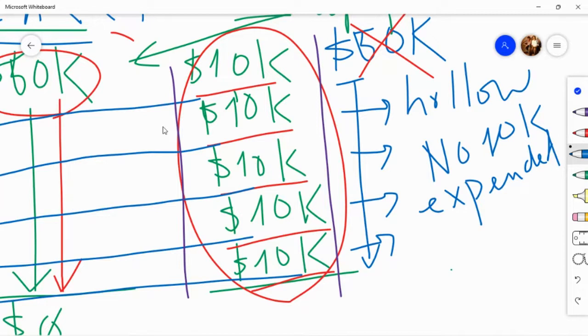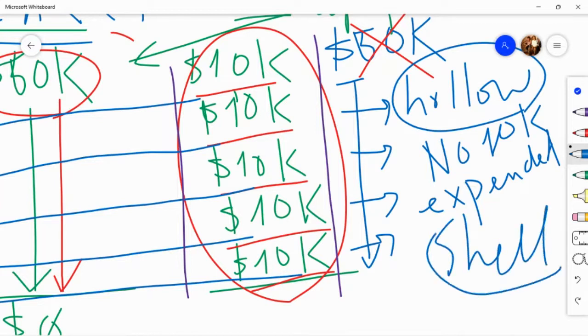But you're artificially making it look like you spent 10K in year 2, 10K in year 3, 10K in year 4, right? So they are hollow expenses. Hollow shell. Make sense?